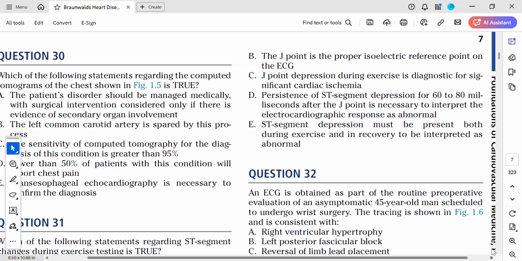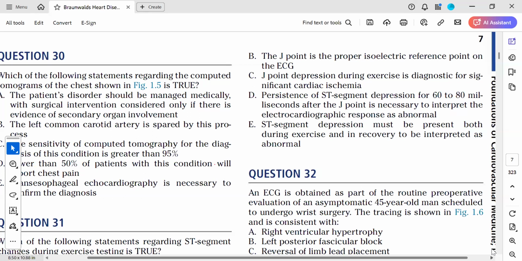And then the option that ST segment depression has to be present both during exercise and during recovery to show that it is positive, of course that is false. Our view should be the ST segment depression that develops during exercise.